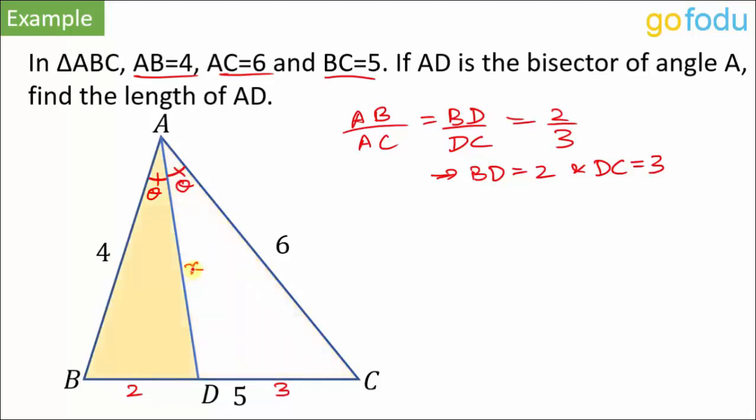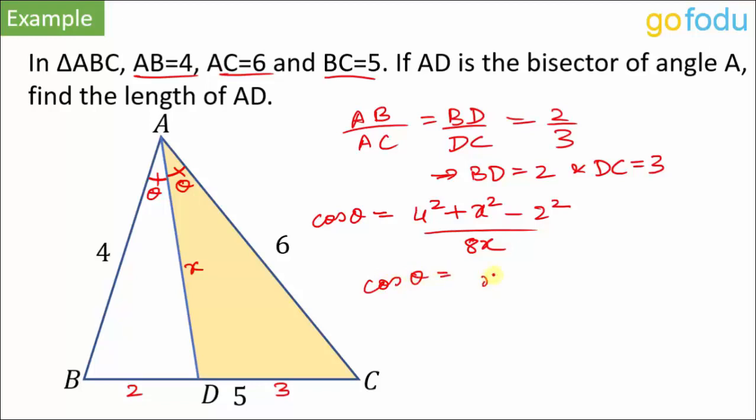So in this first triangle, we can write cos theta as 4 square plus x square minus 2 square upon 2 times 4 times x, that is 8x. And in this second triangle ADC, we can write cos theta is equal to x square plus 6 square minus 3 square upon 2 into 6 into x, which is 12x.